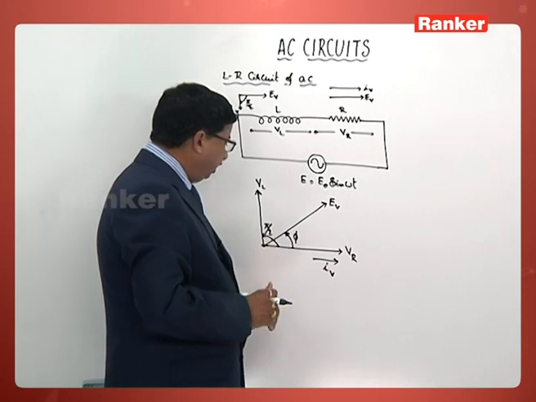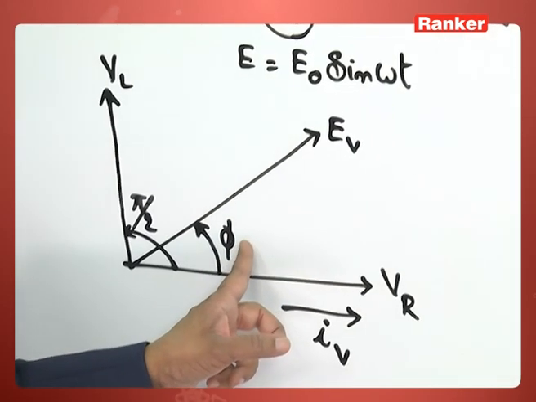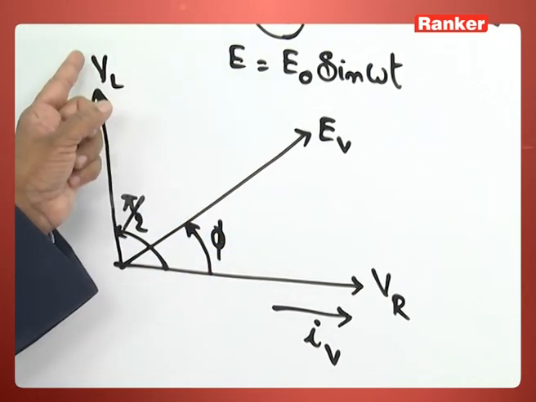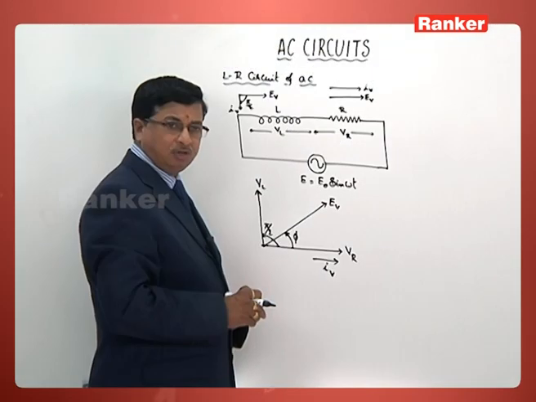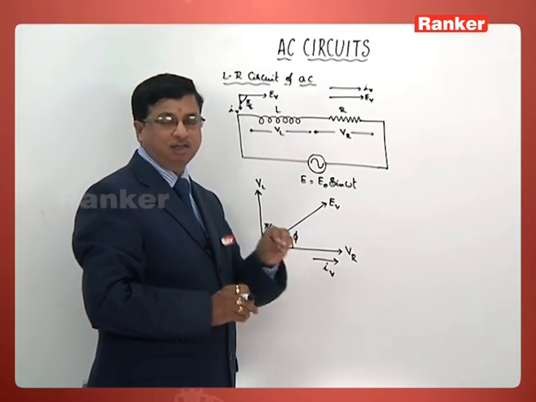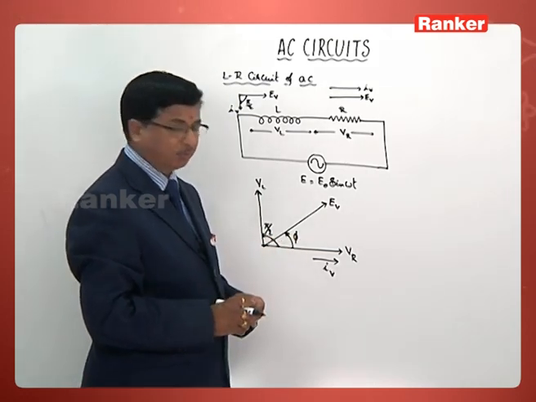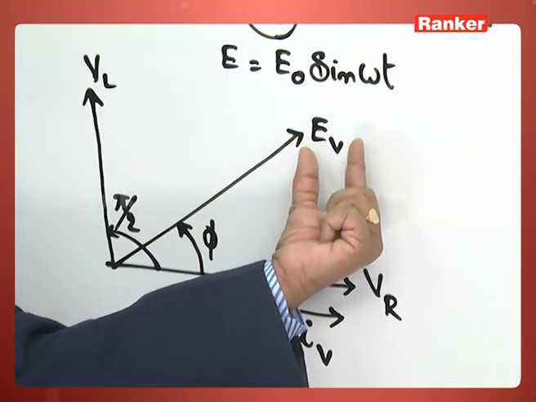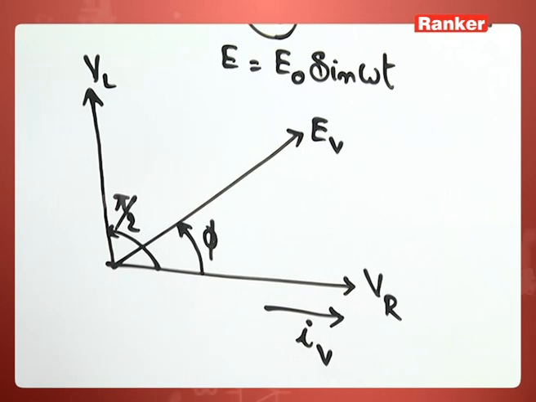And the second thing is how to calculate this value of phi also in terms of these two voltages, or the potential differences across the resistance and across the inductance. So first of all, what is the formula for EV?